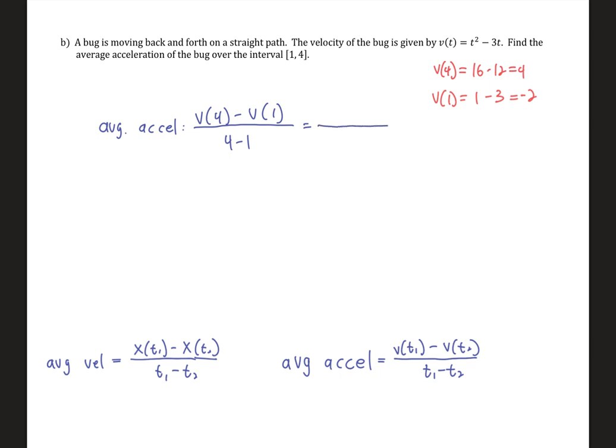So v of 4 is 4, v of 1 is negative 2, so that's 6 over 3, and so that's 2. Okay, so that's the average acceleration. Just remember, for average acceleration, you're using velocity, looking at change in velocity over change in time. For average velocity, you're looking at change in position over change in time.